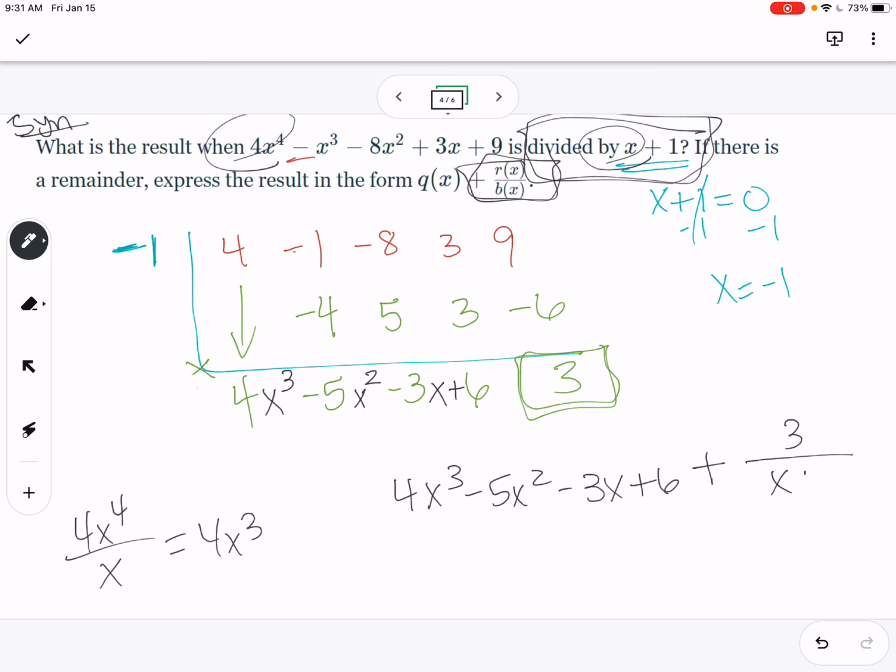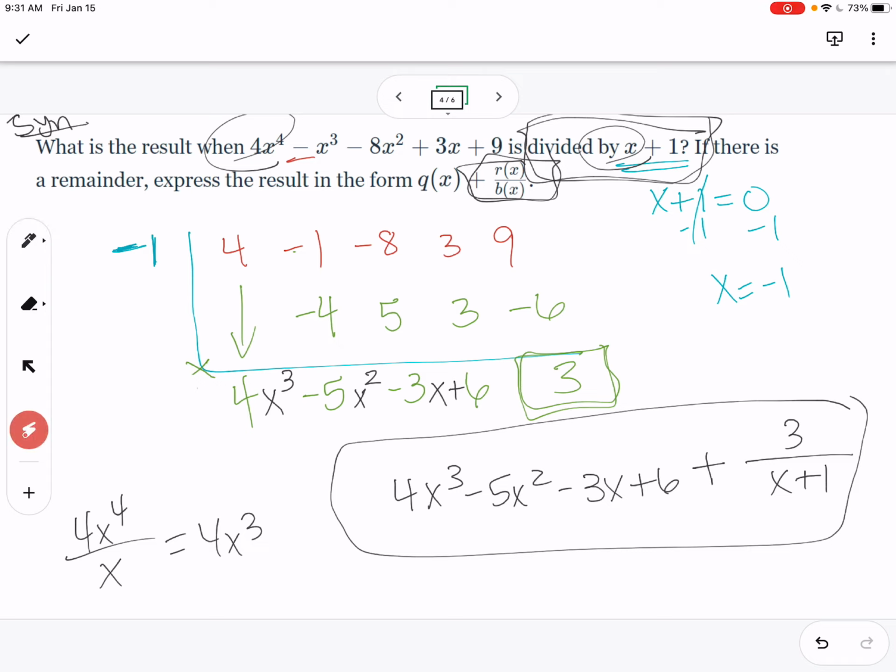So that x plus 1 is what goes on the bottom. And this is what I would type in as my answer. This is what the polynomial 4x to the 4th minus x cubed minus 8x squared plus 3x plus 9, divided by x plus 1, gives you. So here is the final answer.